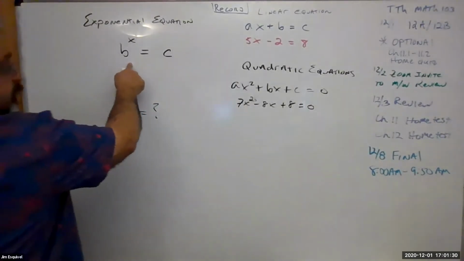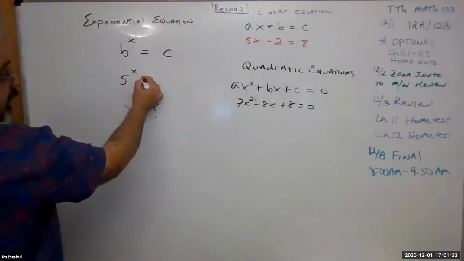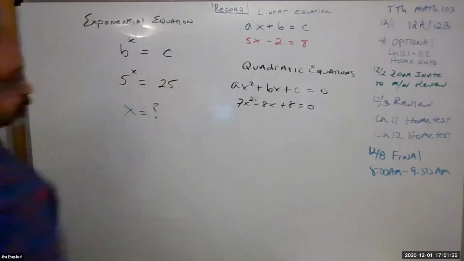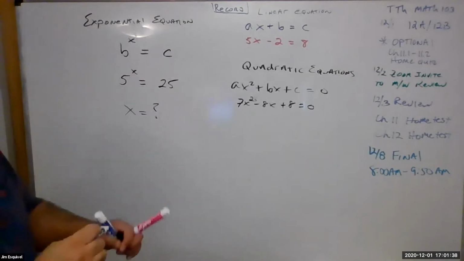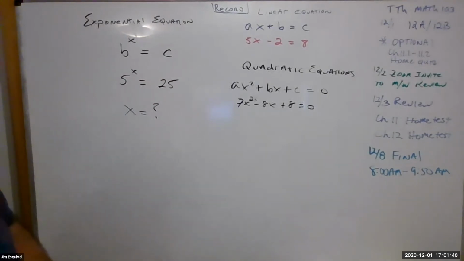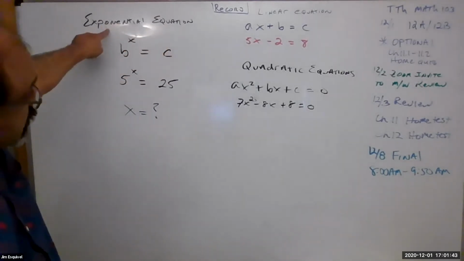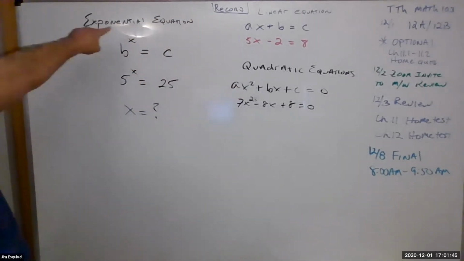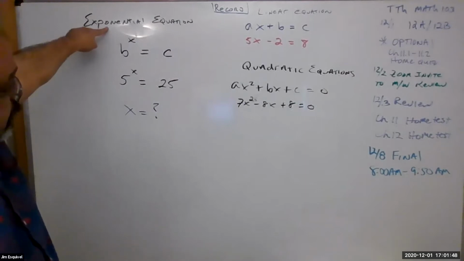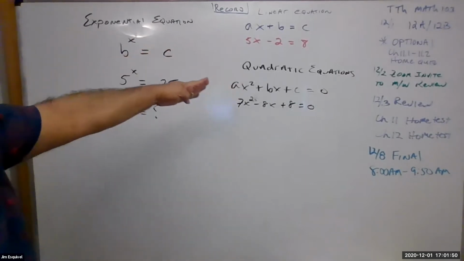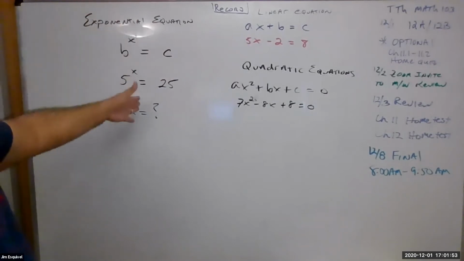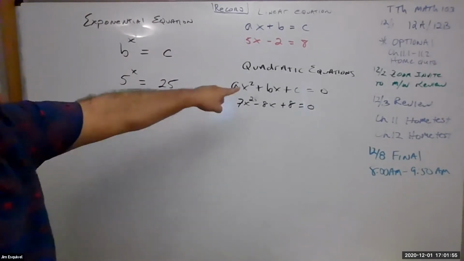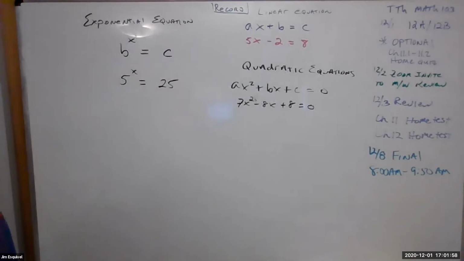Now we want to solve something like 5 to the x equals 25. Look at the difference between those types of problems, an exponential equation versus the linear and quadratic. What makes this kind of equation different? Would it be the x?